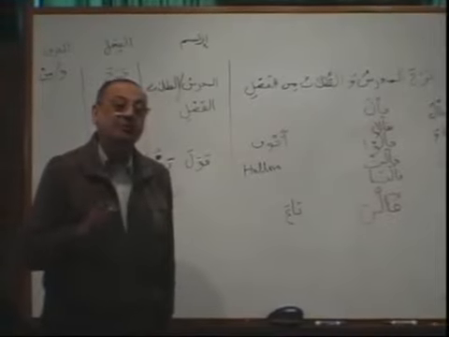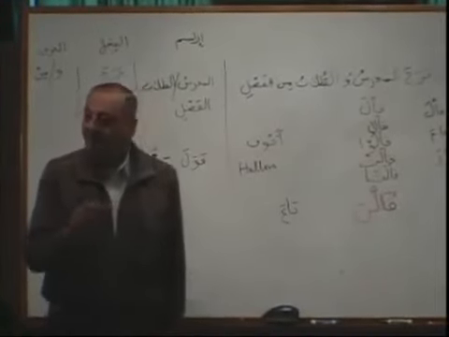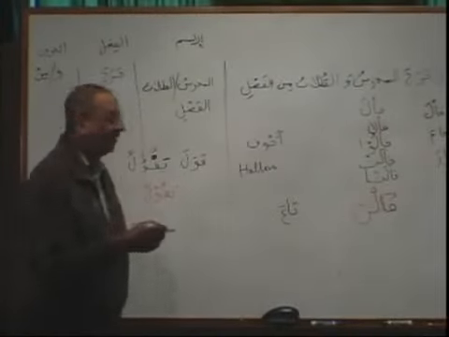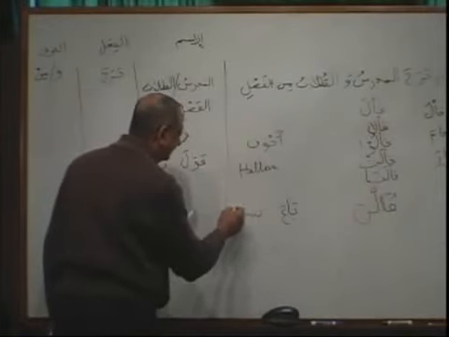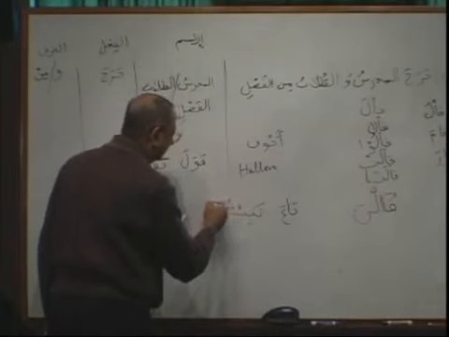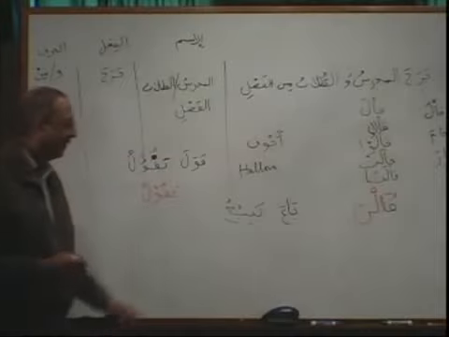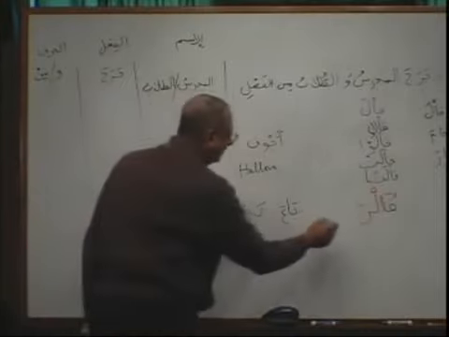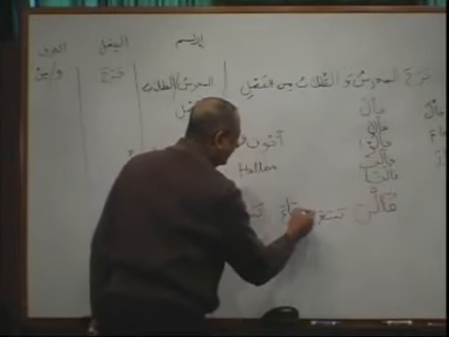If it goes into bab nasara, then of course I know it is waw. But it does not go. This is ba'a, yabi'u. So now this ya tells me that the ba'a is actually ba ya'a.